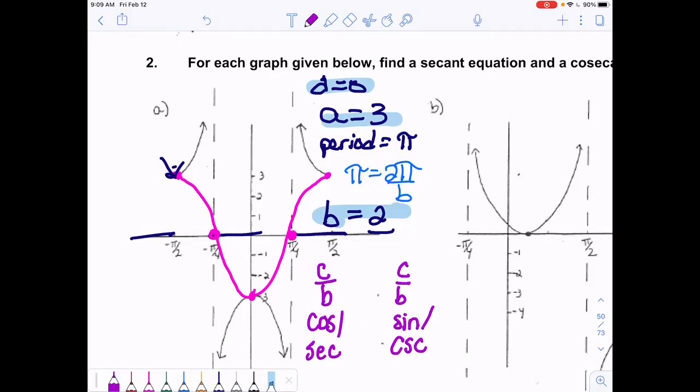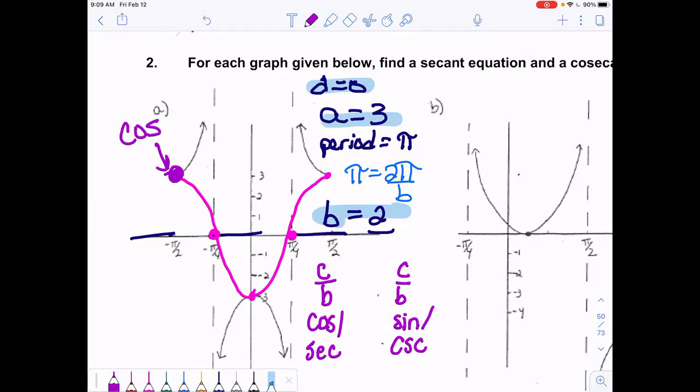Cosine starts at the max. Cosine starts high, moves low, and ends high. So that means that this first max point on the left, that is your phase shift. So the phase shift for cosine or secant starts at the first max point.